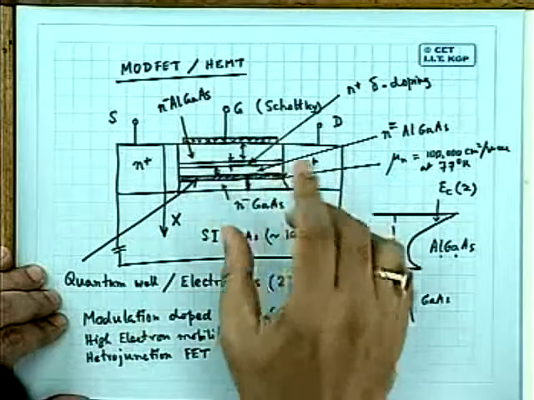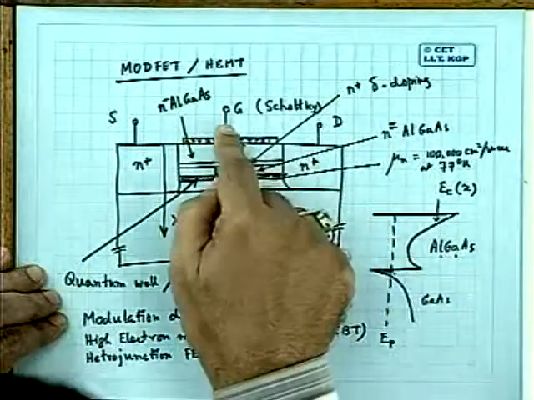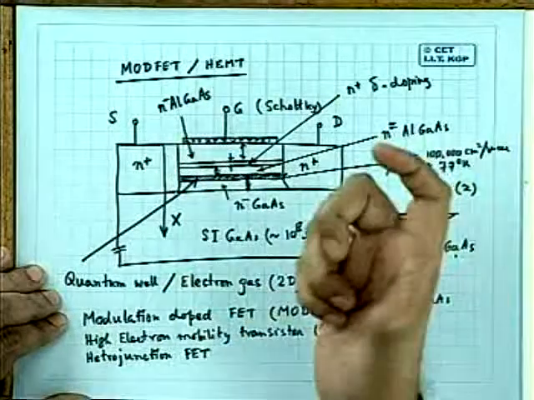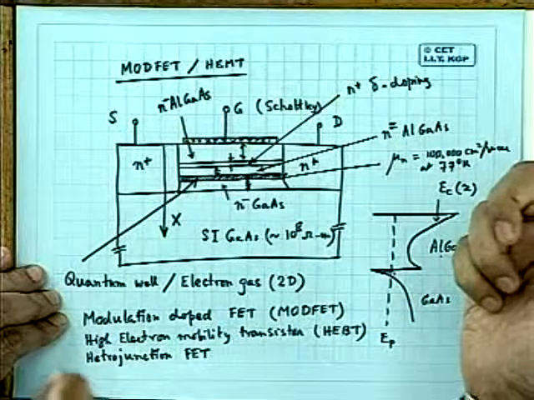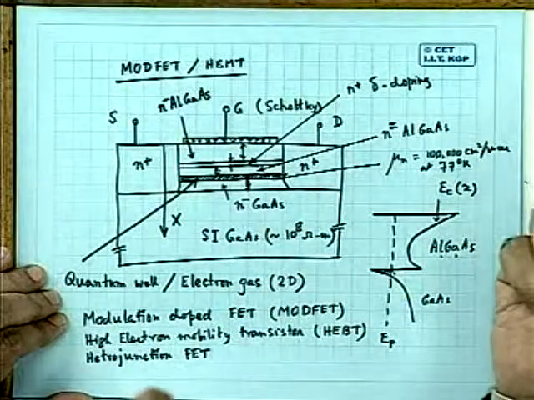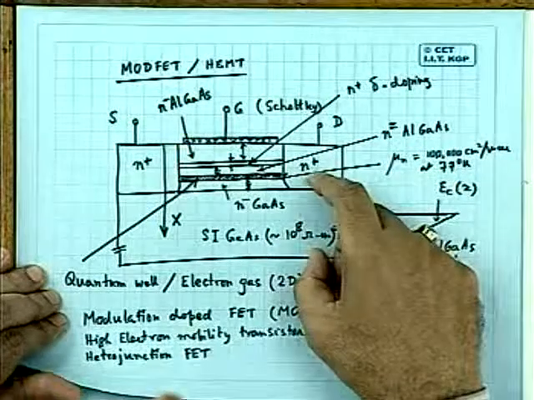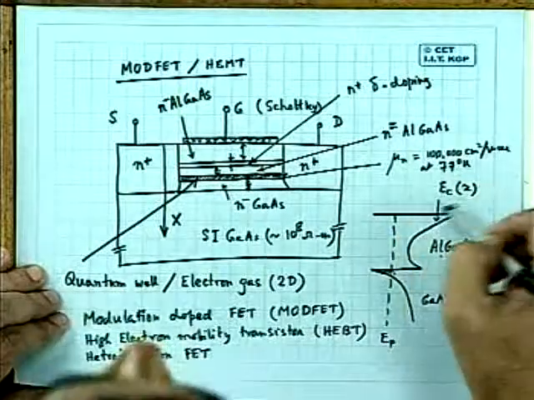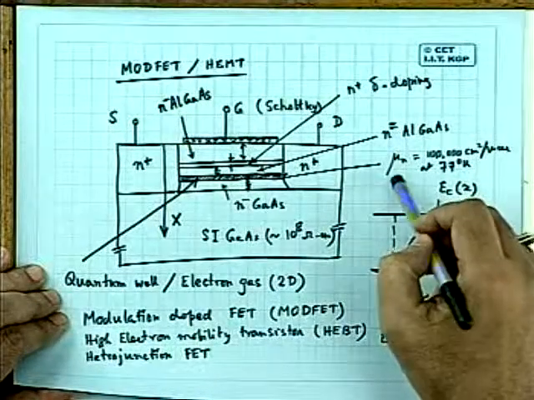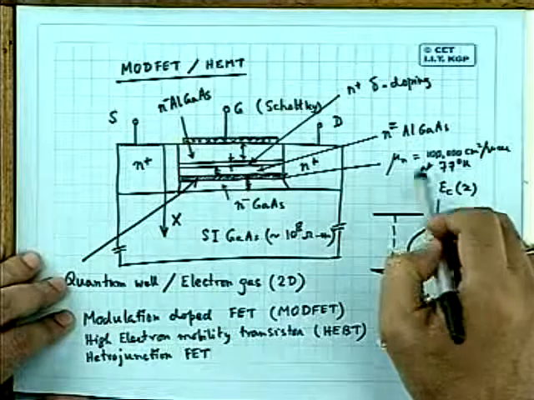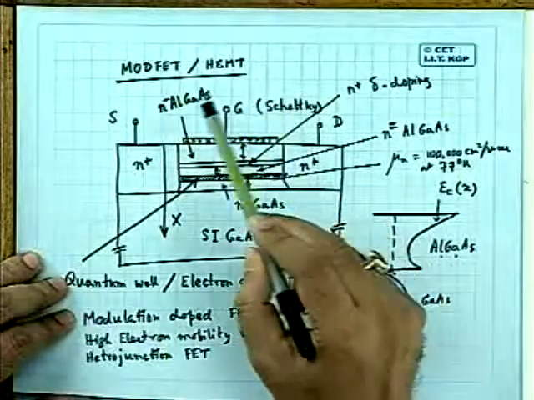And as a result, delta ID versus delta VG, which is the transconductance, also becomes quite high. And as a result, such devices can achieve a very high speed, particularly if used at a low temperature. This is the beauty of a HEMT or MODFET.